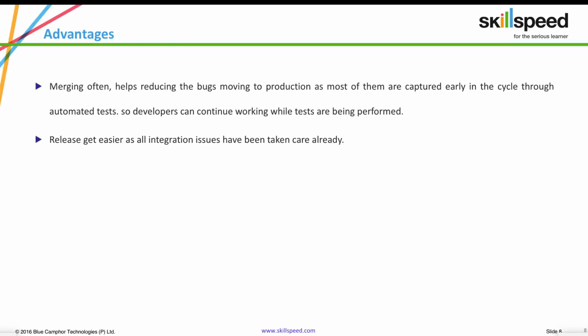Release gets easier as all integration issues have been taken care of already. Building the release is easy because integration issues have been solved already. It is also cost effective, because testing costs are reduced to a great extent due to the CI server running most of the tests.